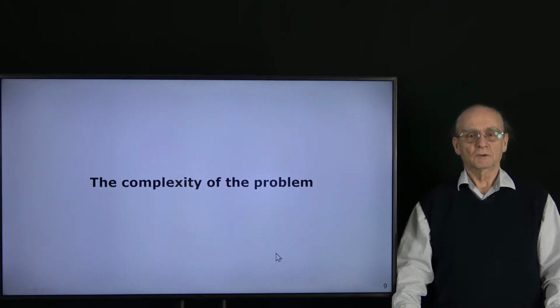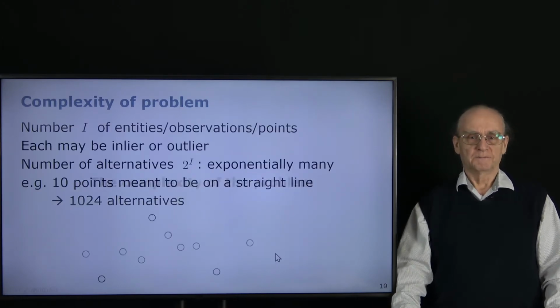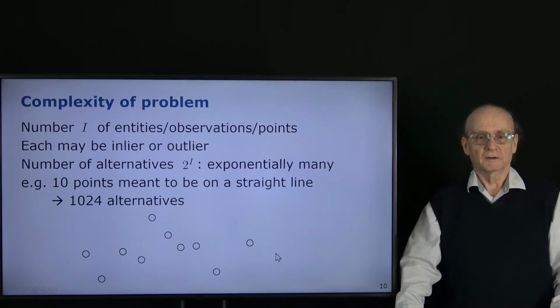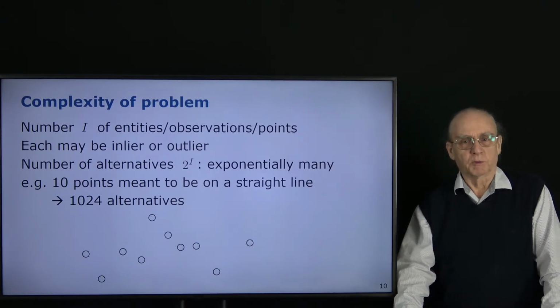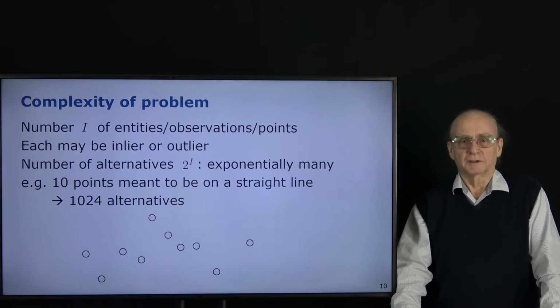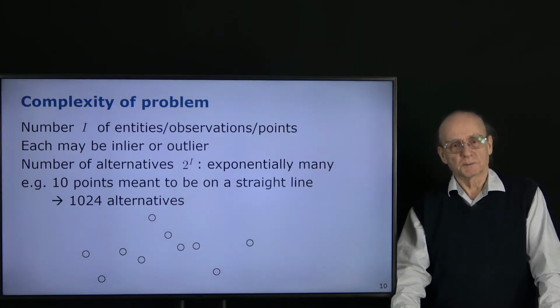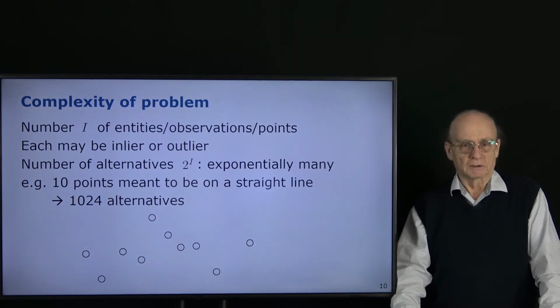Okay, let's have a look at the complexity of the problem. So in general, we have I entities, observations or points in the left and the right coordinate system. And each of those points or correspondences may be good or bad, may be inlier or outlier. That means we have for each 2 options.